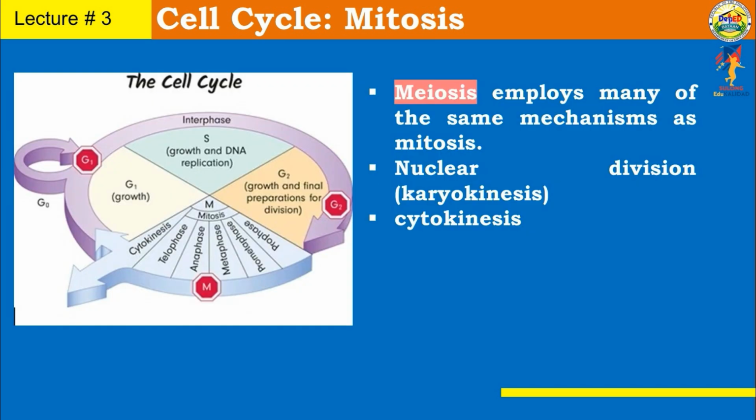Meiosis employs many of the same mechanisms as mitosis. However, the starting nucleus is always diploid and the nuclei that result at the end of the meiotic cell division are haploid. Nuclear division or karyokinesis is usually followed by the division of the cytoplasm into two, or cytokinesis.